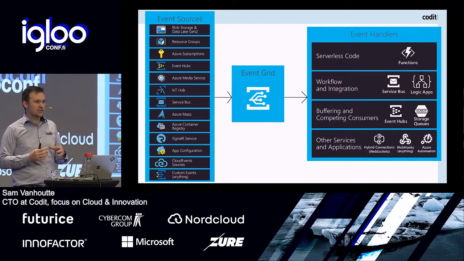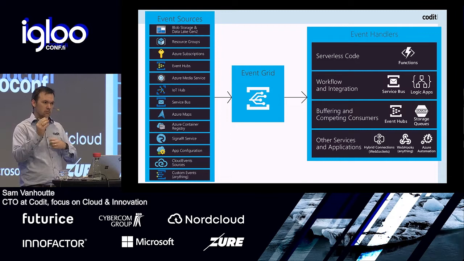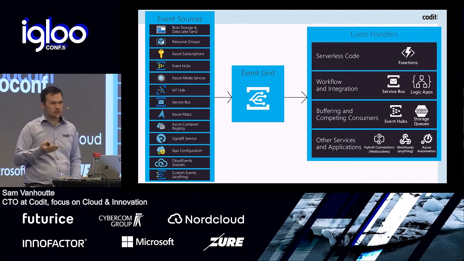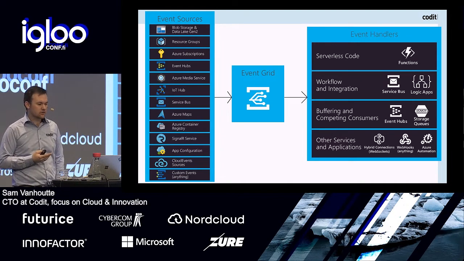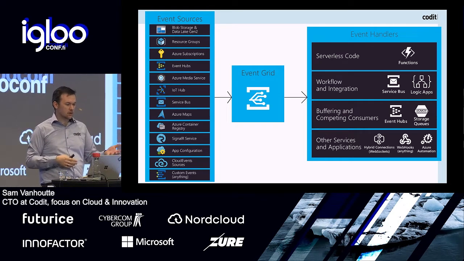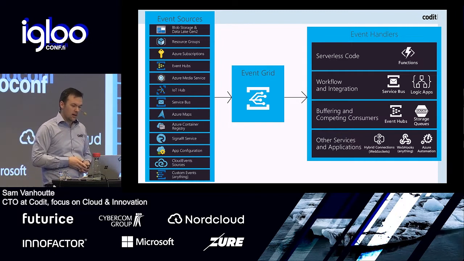Event Grid really depends on other Azure services and the other teams at Microsoft to publish and create events. So blob storage, for example, I'll show an example afterwards. With blob storage, you can just say, if a new container gets created, I want to have an event and I want to do something with it. Same thing with resource groups and Azure subscriptions, as I mentioned, for your automation.